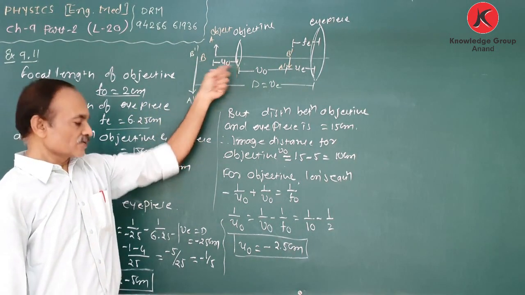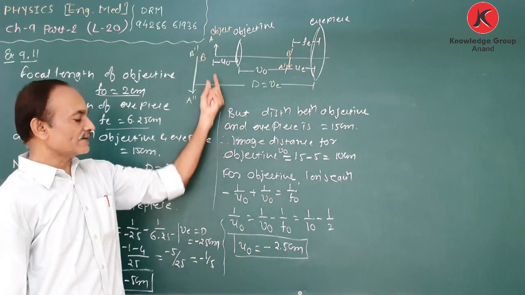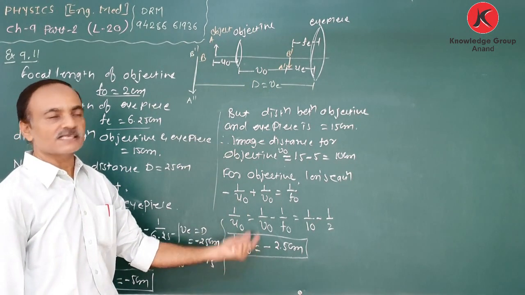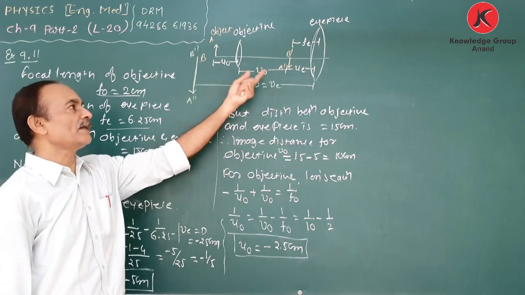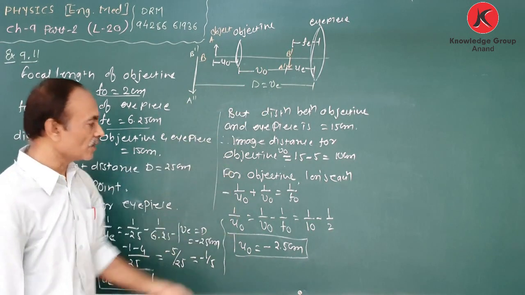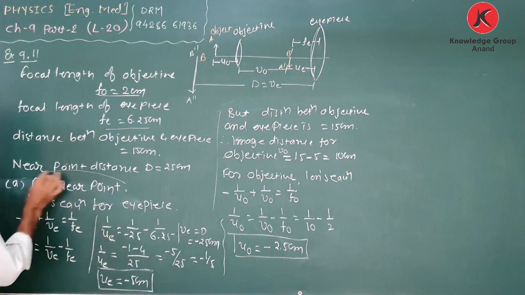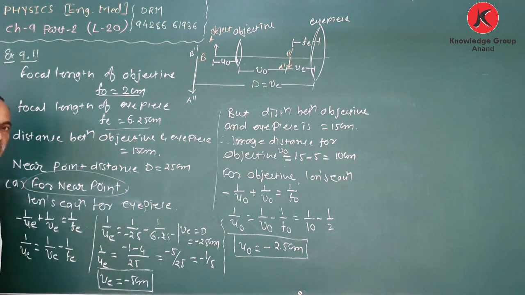Clear this? So, as we place the object at 2.5 centimeter distance from the objective, the final image in the compound microscope we obtain at near point.